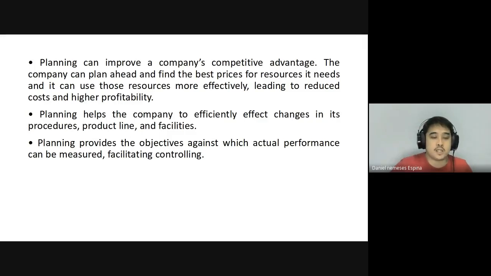For example, an example of a plan is the budget. The budget can also be used as a performance evaluation tool to measure the actual results from planning. So it serves not only as a planning tool but as a control and performance evaluation tool as well.